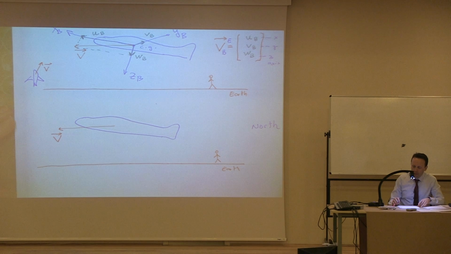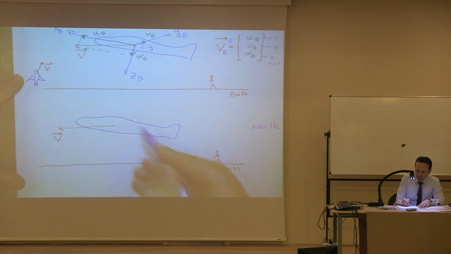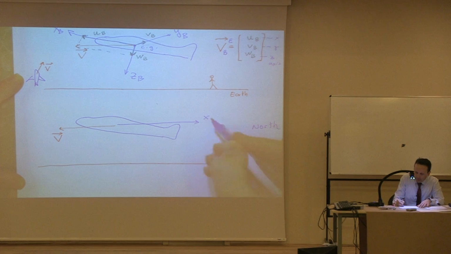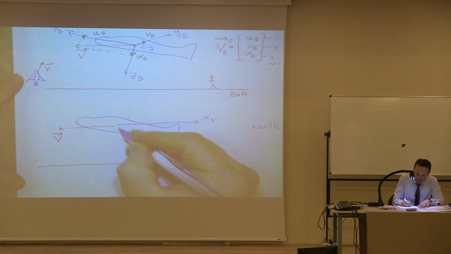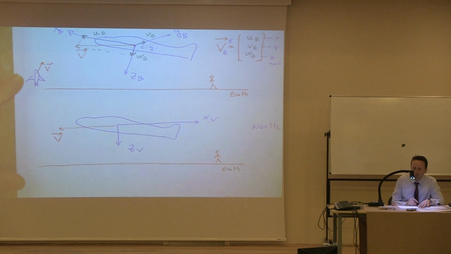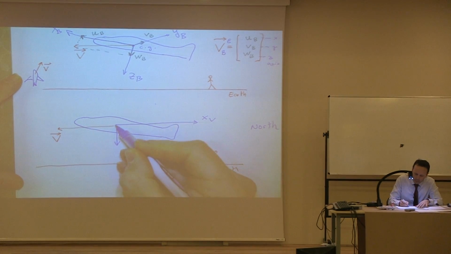Let's plot the vehicle carried coordinate system. The vehicle carried coordinate system will look like this. XV, ZV, which way will be y? Out of plane or into the plane? Out of plane, okay, so it looks like that.